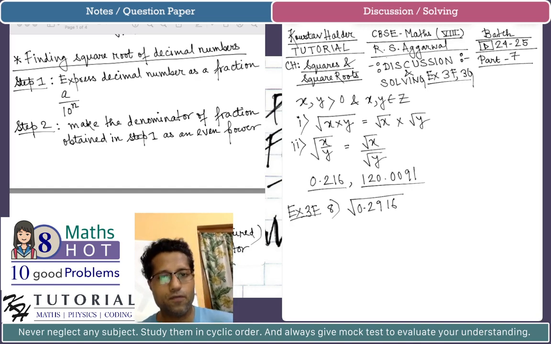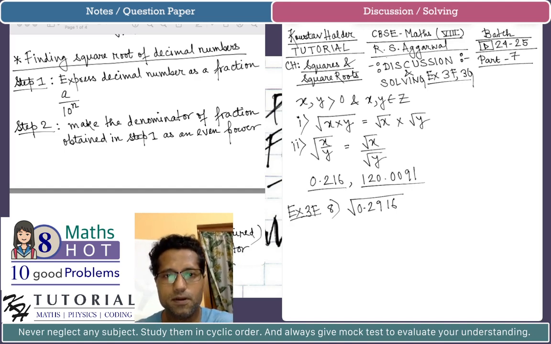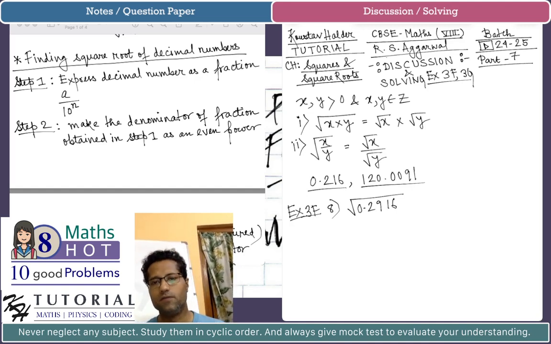So what is the first step in my way of finding the square root of decimal numbers? Express the decimal number as a fraction. Any decimal number can be expressed as a fraction, a by b form, where a and b are natural numbers, and b will be a power of 10.